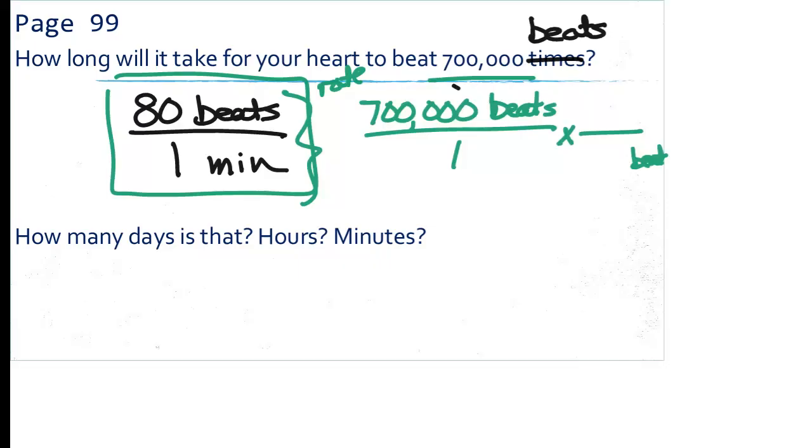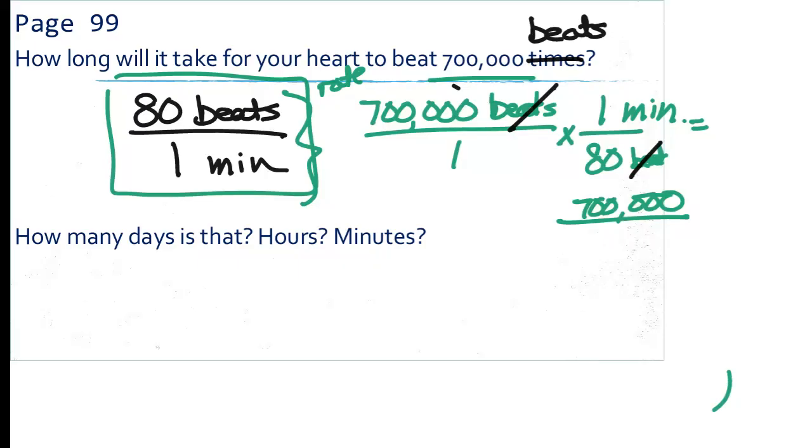So I am going to put my minute up on the top and beats on the bottom. And yes, you basically end up dividing. So multiplying numerator times numerator, you get 700,000 divided by your beats, which is 80. The beats here cancel out. 700,000 divided by 80. You would take 700,000 divided by your number of beats per minute.